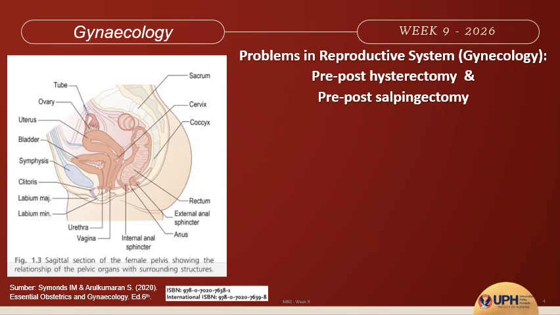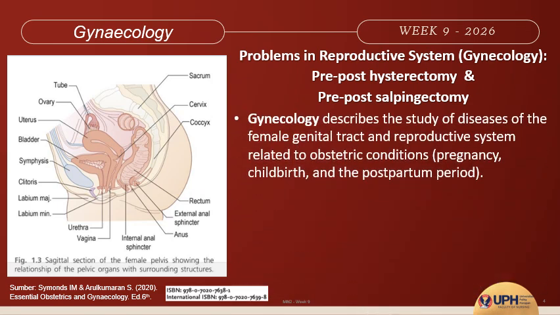So let's begin. We are going to talk about the problems in the reproductive system, something that we call gynecology, especially hysterectomy and salpingectomy. So what is gynecology? Gynecology is the study of diseases related to the female genital tract and reproductive system, which are also related to obstetric conditions, for example if they're pregnant, if they have given birth, or even the postpartum period of the woman.